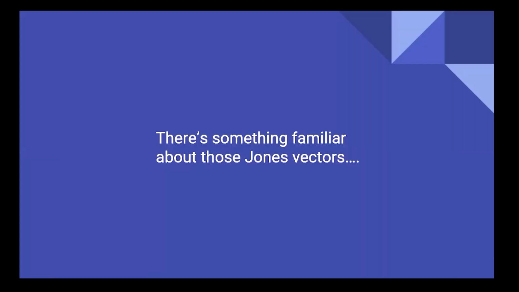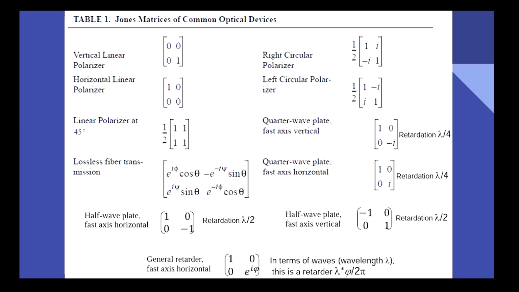And I'm hoping that you will start seeing something a bit familiar about all these matrices and vectors I'm writing down. Hint, previous lecture. Does it really look like something yet? What does it remind you of?